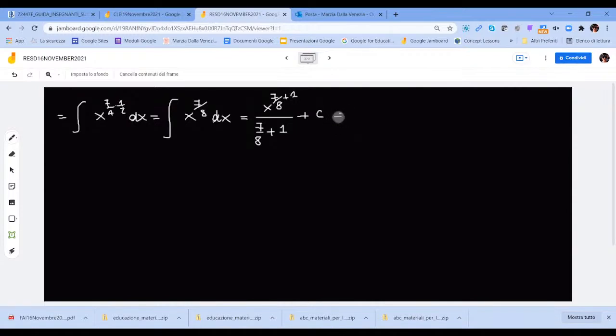And so we have 1 is 8/8, then it is 15 divided by 8, but this is the same as to write 8 above and to write 15 8 plus c. Okay, I think with the powers it is okay.